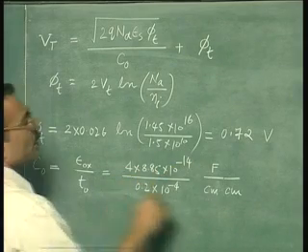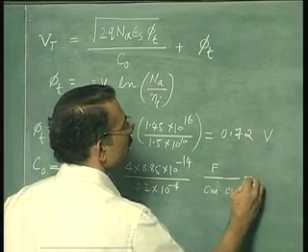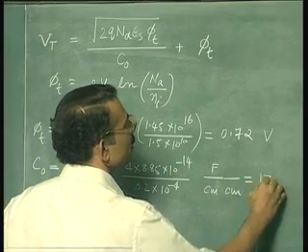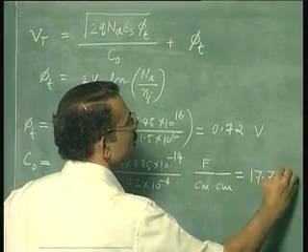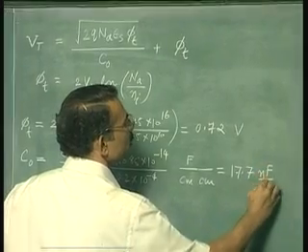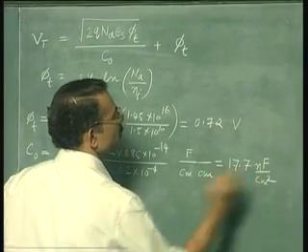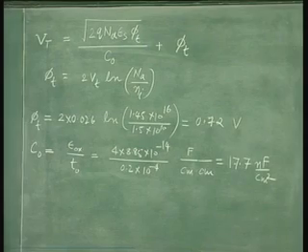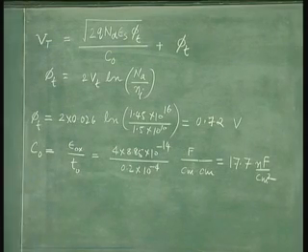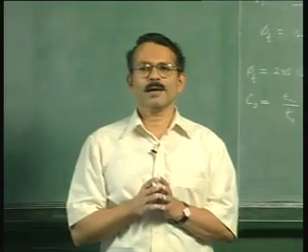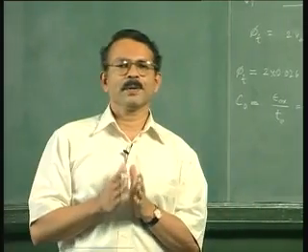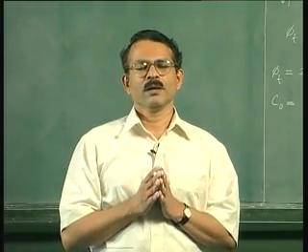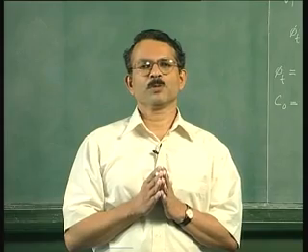So this value is 17.7 nanofarad per centimeter square. Now it is useful to remember this value of C naught, typical value of C naught, like we remember the typical value of phi t, which is about 0.7.